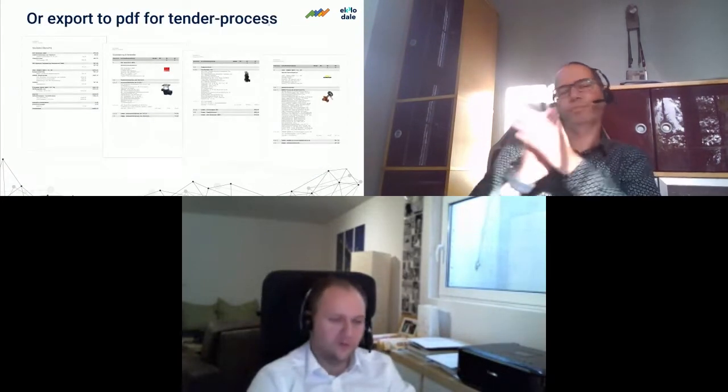GAEB is common in Germany for the whole tendering process, to put out the information with the short and long text and price information, and the commodity groups and things like that. And UGS is often used to integrate the bill of material into an SAP system, for example. So there are a lot of customers that have changed SAP with a UGS import possibility.